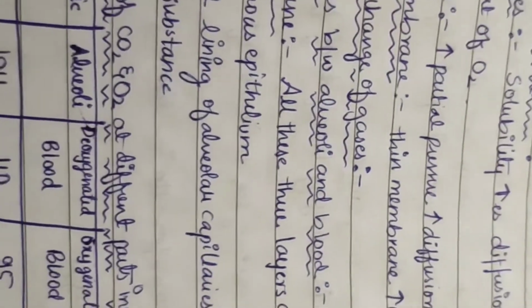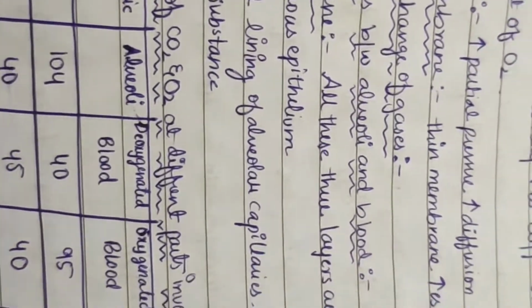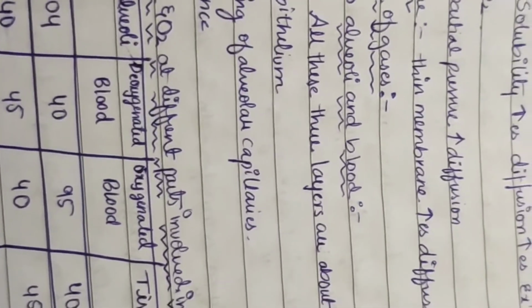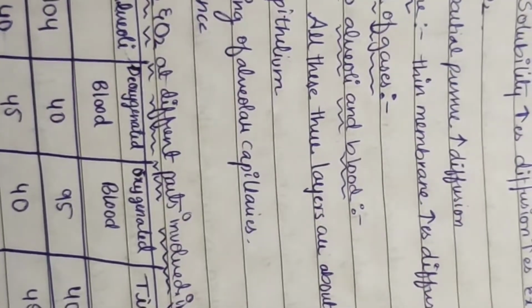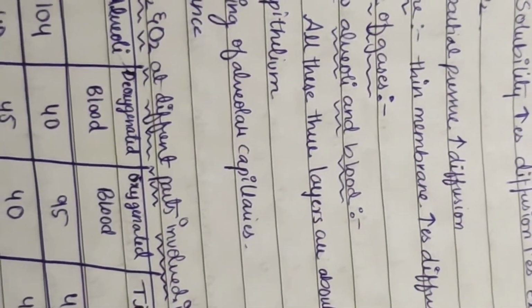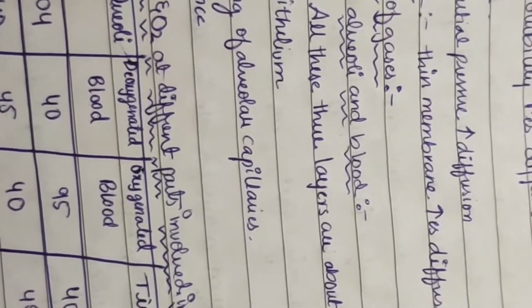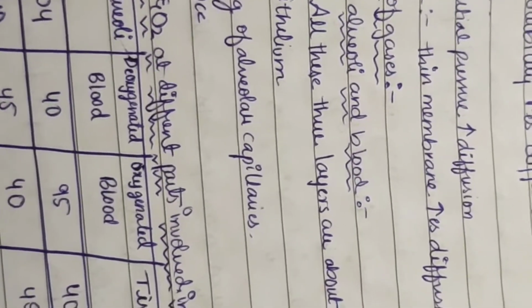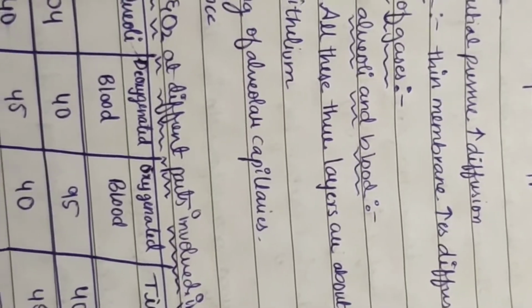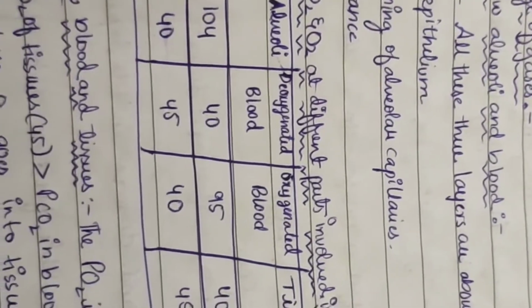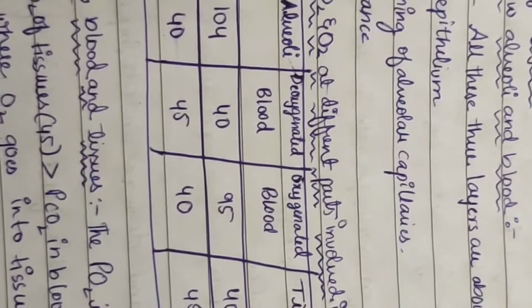Diffusion membrane. All these three layers are about 0.2 to 0.3 micrometer, very thin. The three layers of diffusion membrane are thin squamous epithelium, then endothelial lining of alveolar capillaries, then basement substance. Now, partial pressures of CO2 and O2 at different parts are involved in the diffusion, as here you can see.